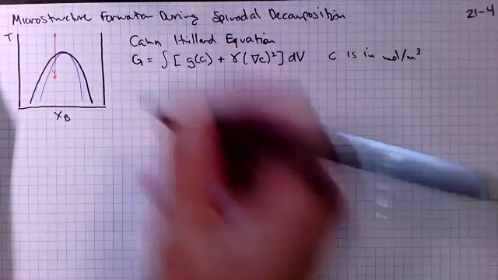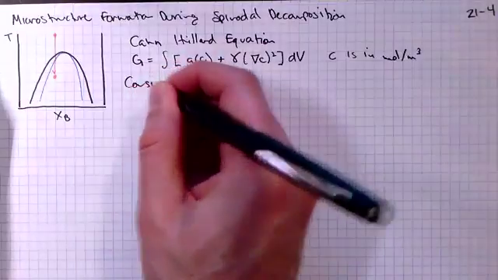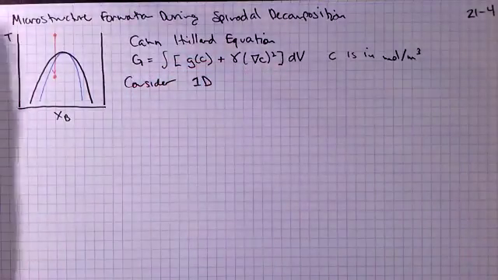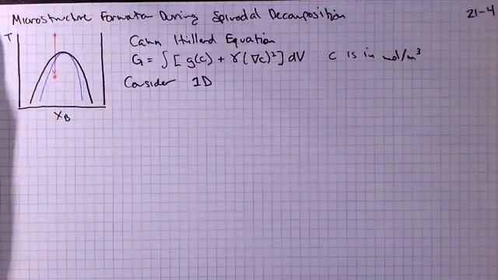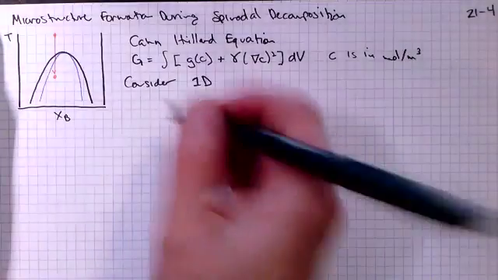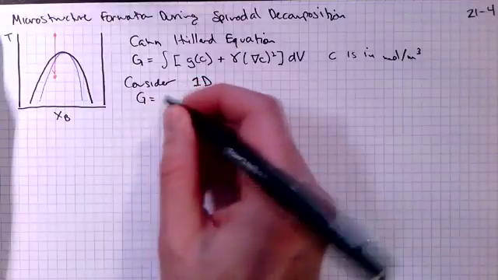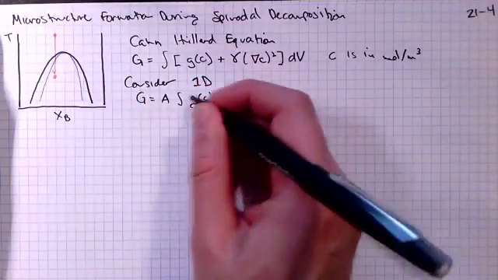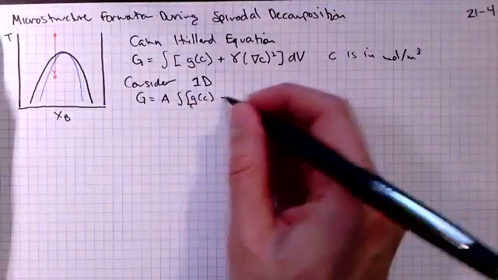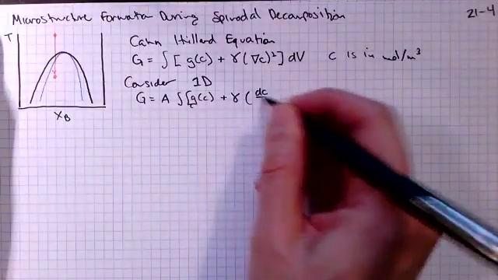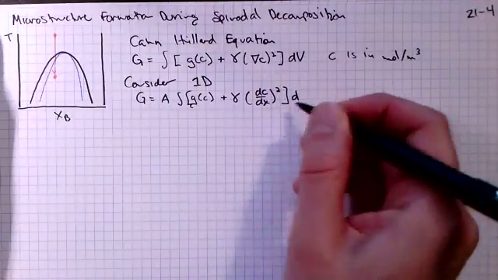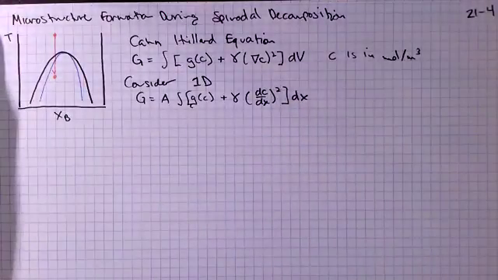Okay, so let's think about this in 1D, right? So in 1D, G would be some area times the integral of G(C) plus gamma times (dC/dx) squared times dx, right?